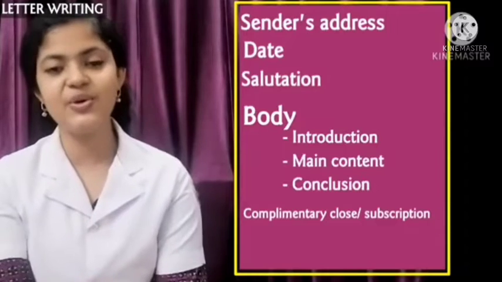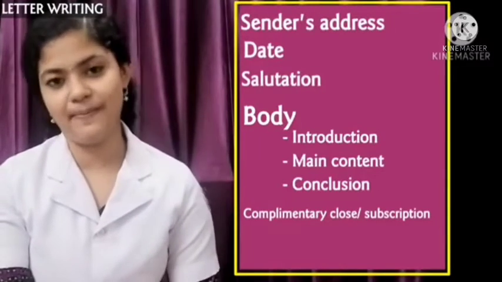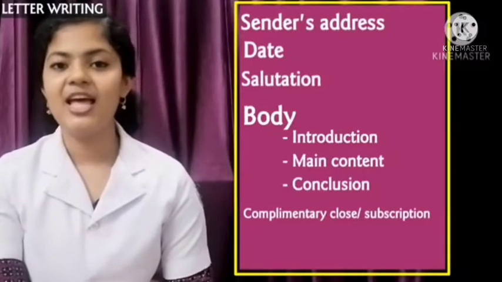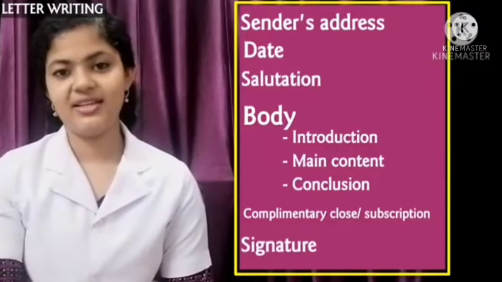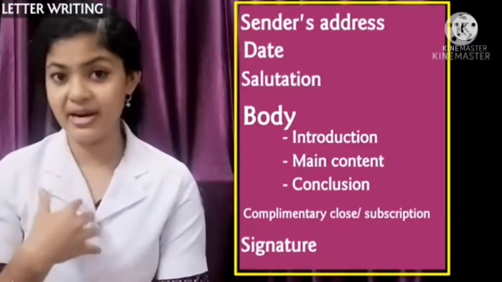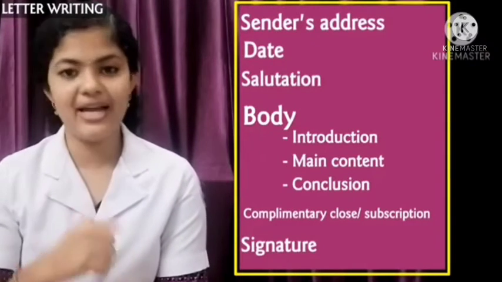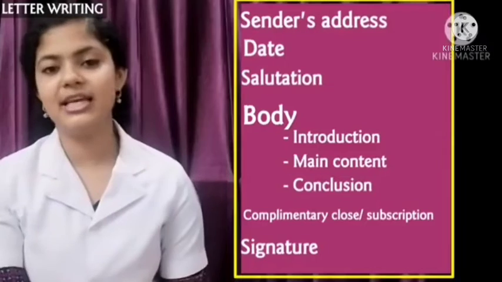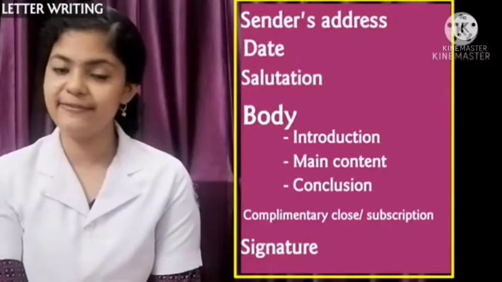Below that is the signature. It includes your name and signature. If I am writing the letter, I have to write my name and my signature. That is the signature part. So this is the format of an informal letter.